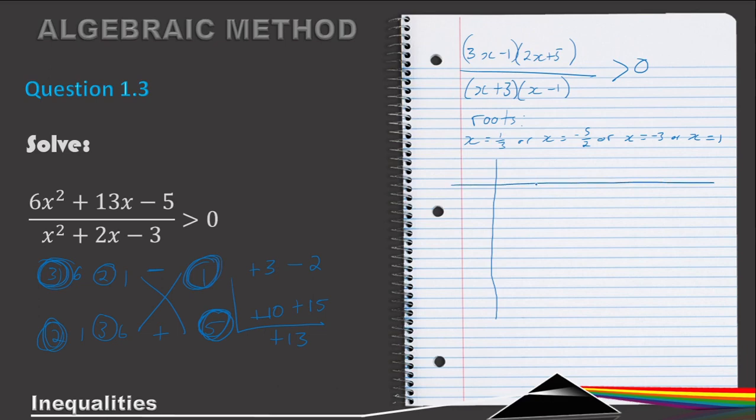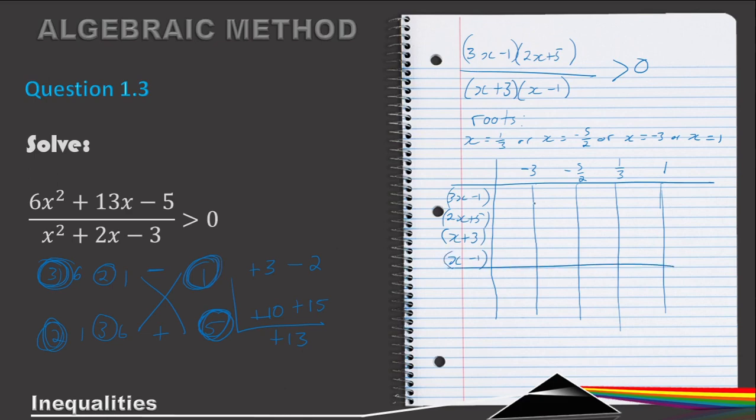Okay, and we have 4 roots, so we're going to list 4 lines over here, and we're listing them in ascending order. So starting from the smallest one, which is minus 3, then negative 5 over 2, then 1 over 3, and then 1. Okay, and then we have 3x minus 1, 2x plus 5, x plus 3, and x minus 1.